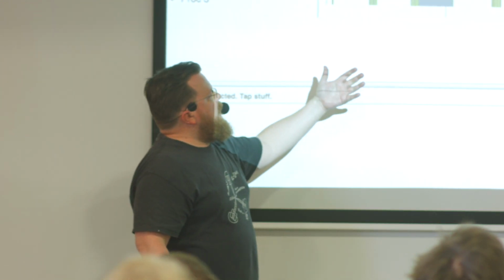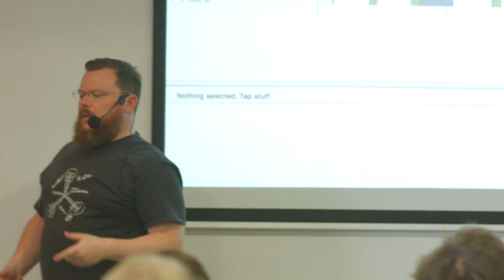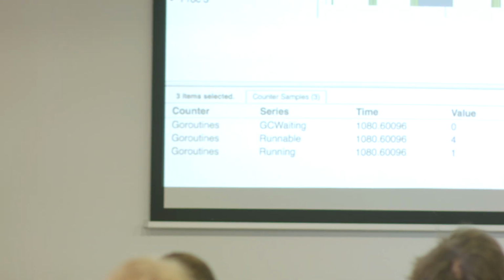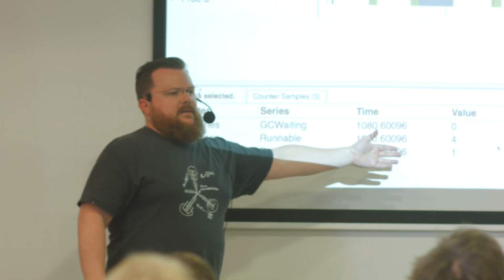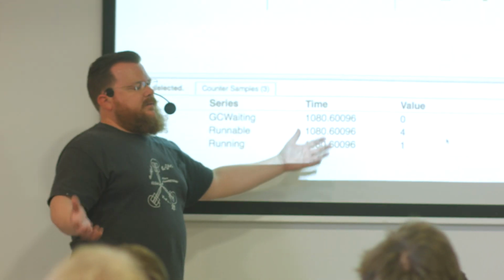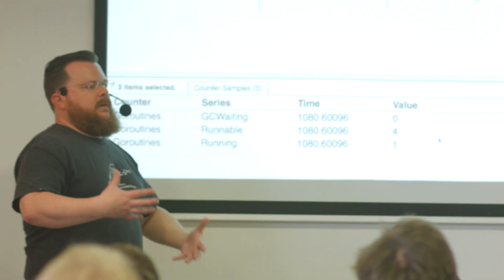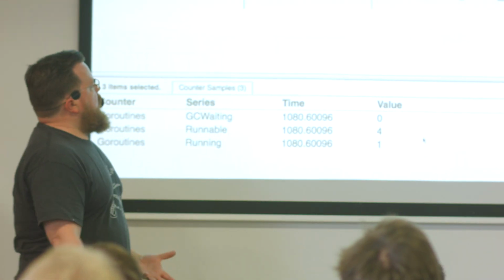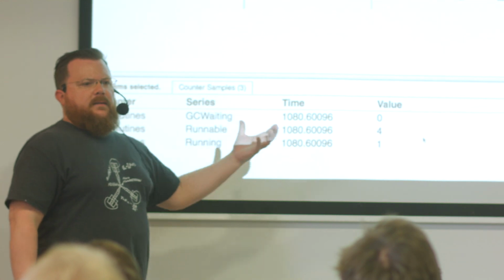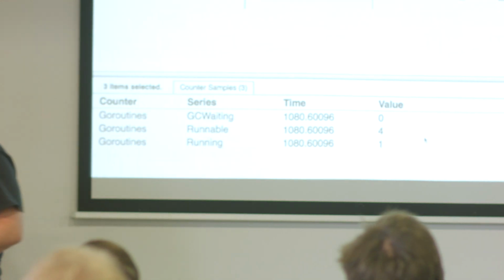They seem to spend an awful lot of time waiting. And we know it's not the scheduler because the number of Goroutines is low. It's 4, not thousands. So we know we're not spending a lot of time in the scheduler. But it seems like they're all waiting for something.